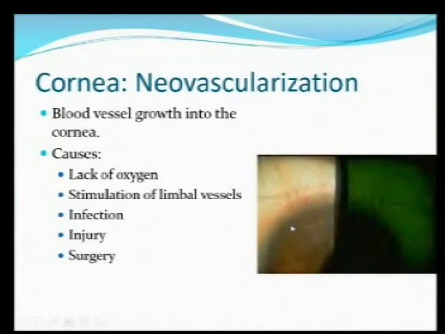So particularly if you have an amber-colored iris, it's kind of hard to see how far the blood vessels are penetrating. You throw that green filter in there and it really adds definition to each of those vessels. And remember, there's a lot of reasons that can cause neovascularization, but from a contact lens standpoint, it's the lack of oxygen or potentially a tight fit in the limbal area that can cause that problem to occur.